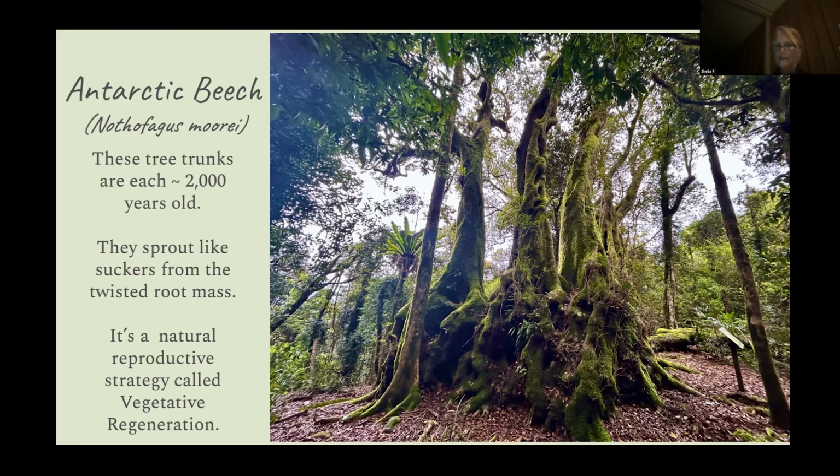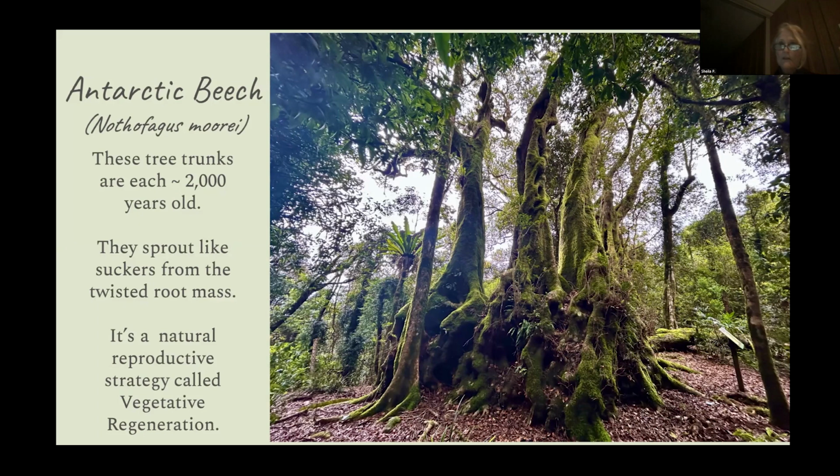The Nothofagus has this strategy of sending up clonal shoots and suckers to guarantee its survival and its persistence in the landscape over time. And given that the Nothofagus has been on Earth for 80 million years, it's a pretty effective strategy.